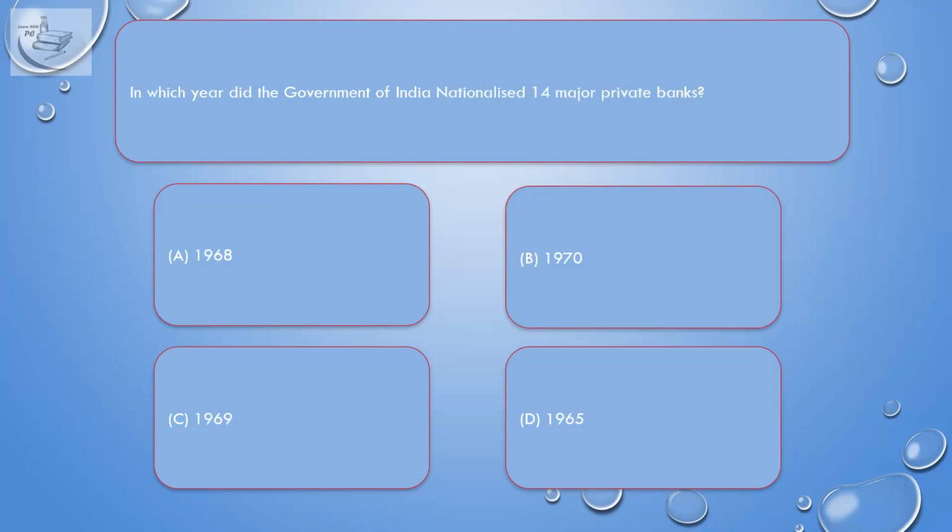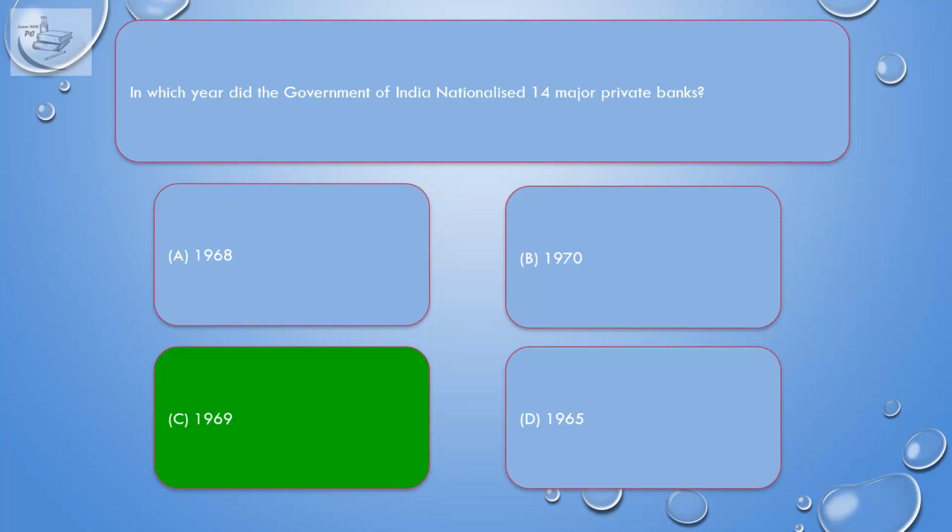Question: in which year did the Government of India nationalize 14 major private banks? A. 1968. B. 1970. C. 1969. D. 1965. Correct answer is C. 1969.